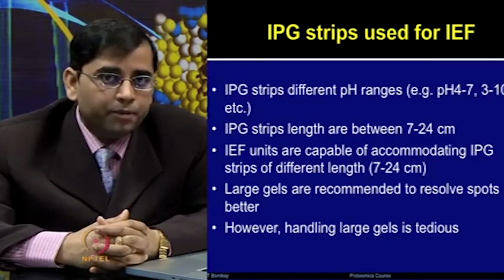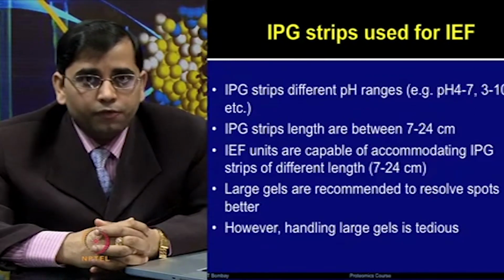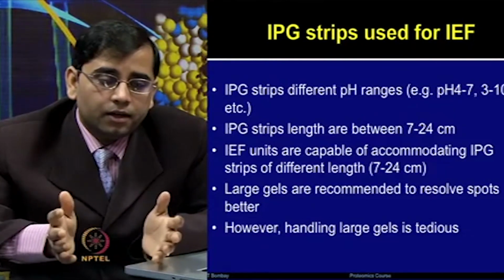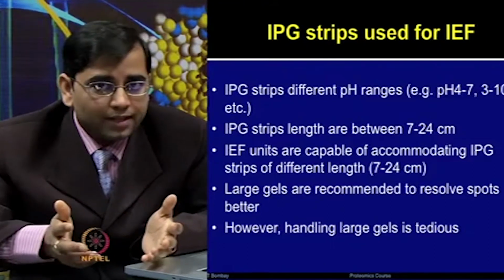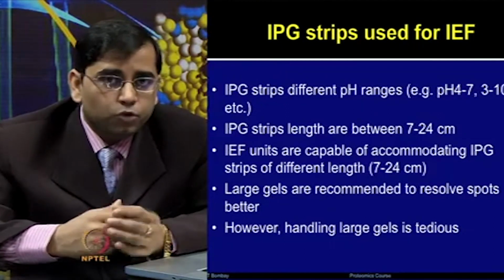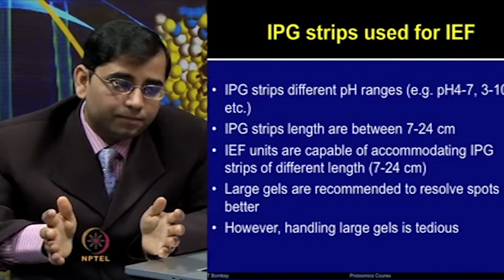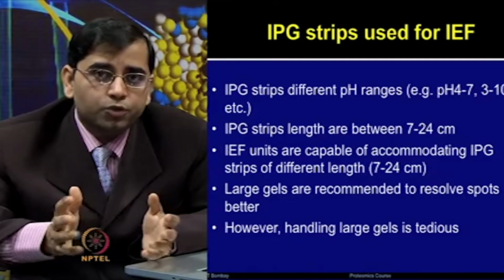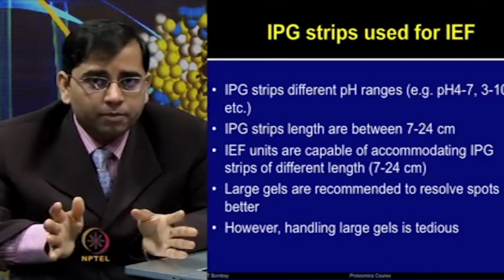As I described in my previous slide, depending on your biological question, if you are mainly interested in separating the proteins in their biological pH range, then 4 to 7 could be a good choice, where you can have better separation of the protein, but you may lose a few proteins which could be in the extreme regions of acidic and basic. Now, if you want to know all the proteins which could be present in your sample, you can apply a very broad range strip like 3 to 10.